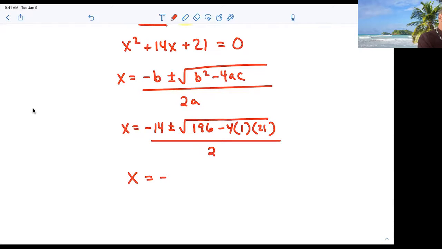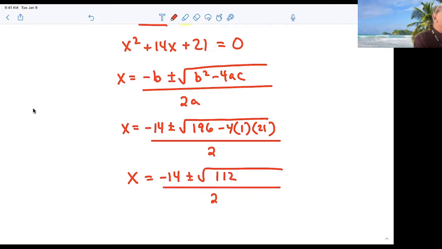So x equals negative 14 plus or minus the square root of, now I need help with 196 minus 84. 196 minus 84, 112, all over 2.